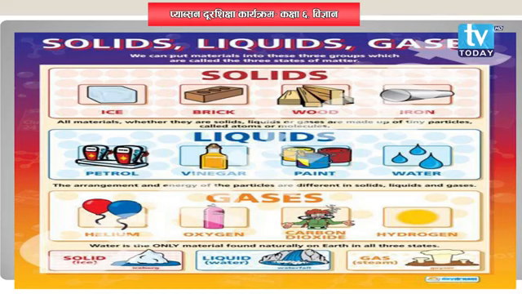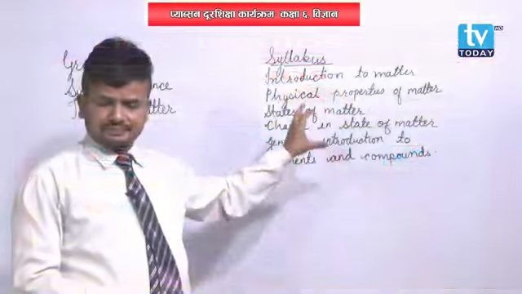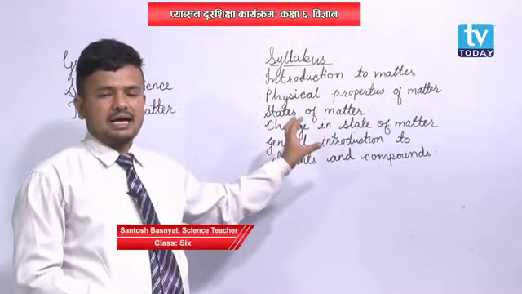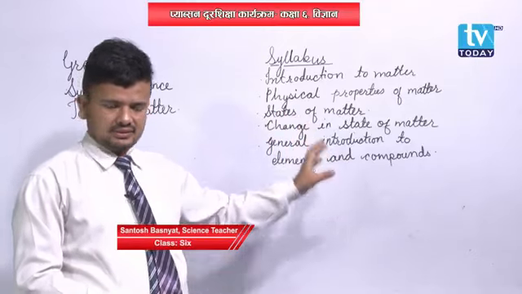Different examples of liquid you can see in the picture: petrol, vinegar, paint, water. And gases: helium, oxygen, carbon dioxide, and hydrogen. These are the different solid, liquid, and gas examples.